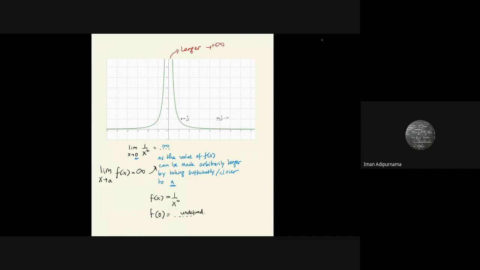In some cases you can say it's infinite, in some cases undefined. But what does this limit mean? Whatever large number you can imagine, it's so large that you cannot make it an exact number, so you say it's infinite.